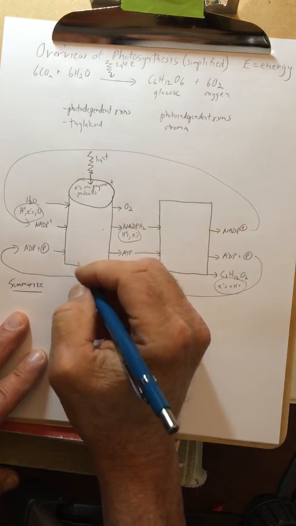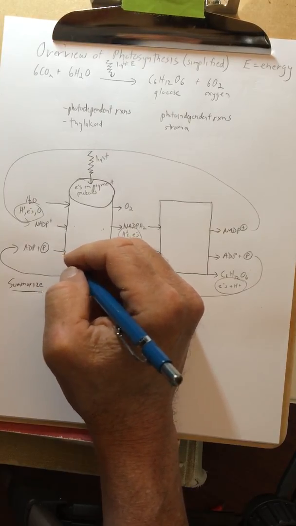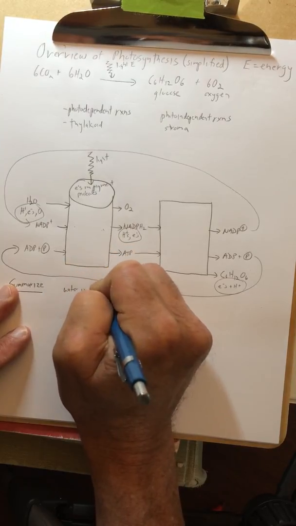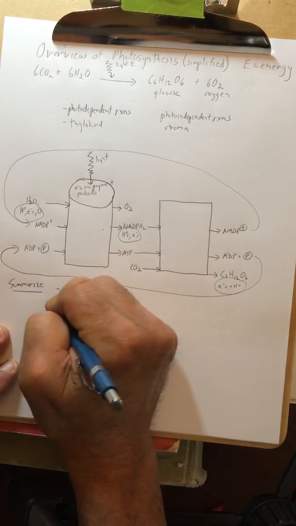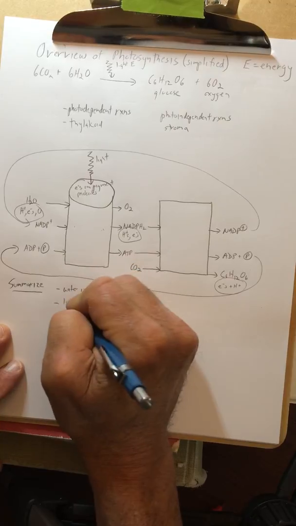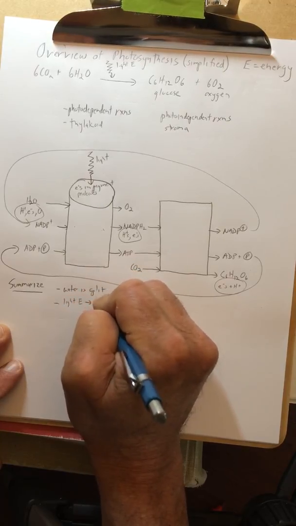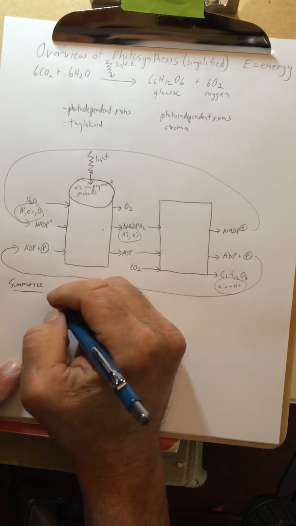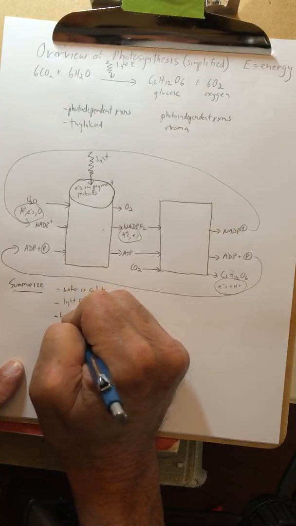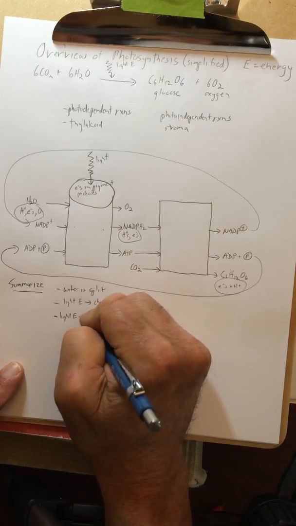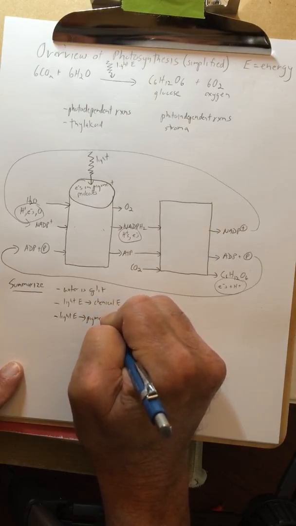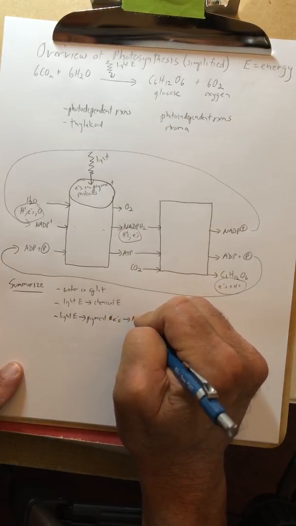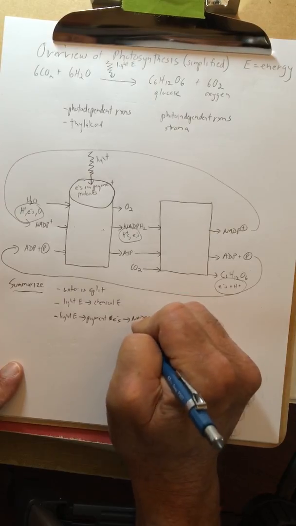what's happening in the photo-dependent reactions is water is split, light energy is being converted to chemical energy, and a little more detail, the light energy is going to the pigment electrons, which ultimately goes to NADPH2 and ATP.